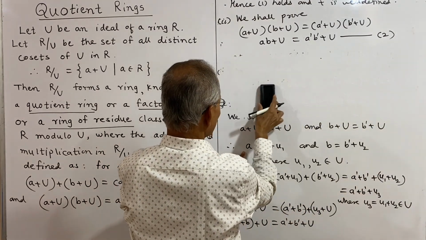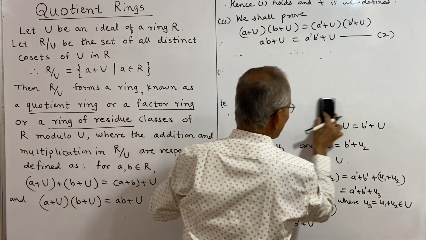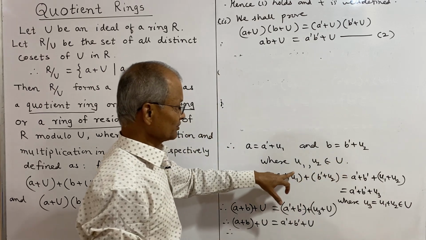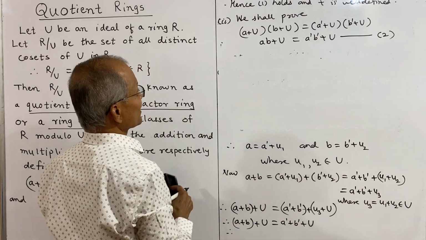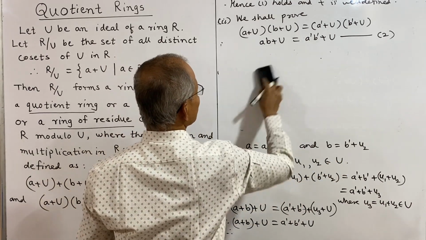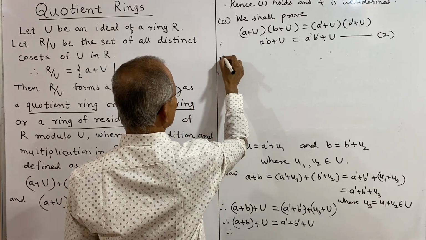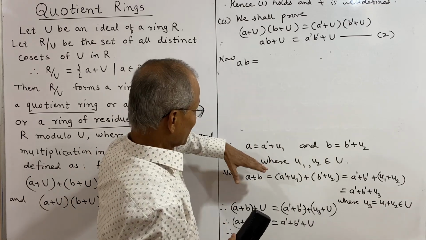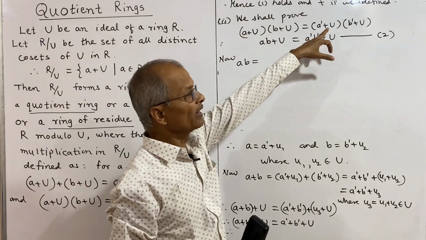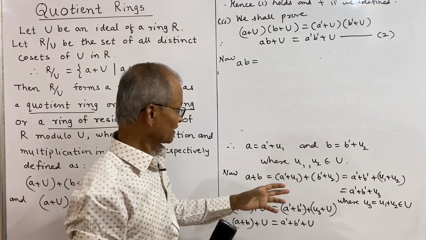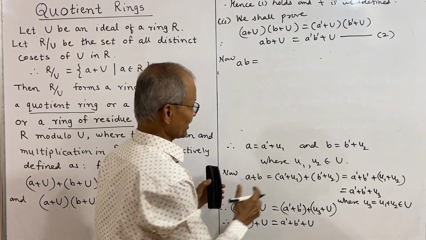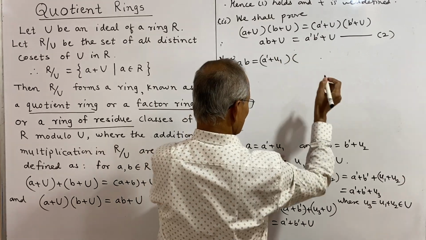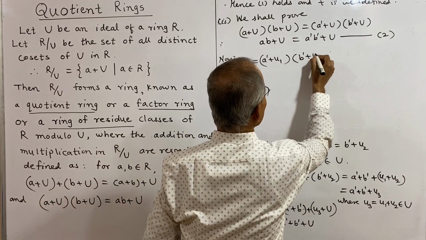What we have is a is equal to a dash plus u, b is equal to b dash plus u, and therefore we have ab. Because our earlier supposition is a plus u is equal to a dash plus u, the same thing we are considering here, and therefore we shall consider the same expression for a and b: a dash plus u1 and b is b dash plus u2.